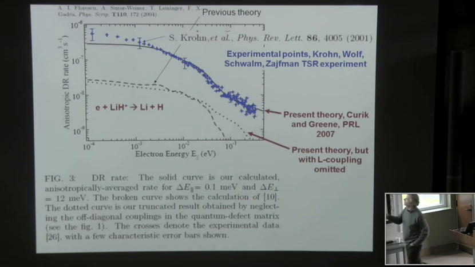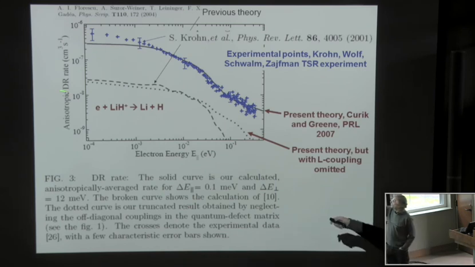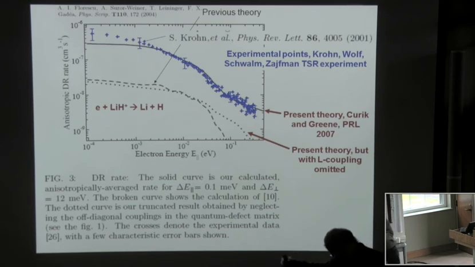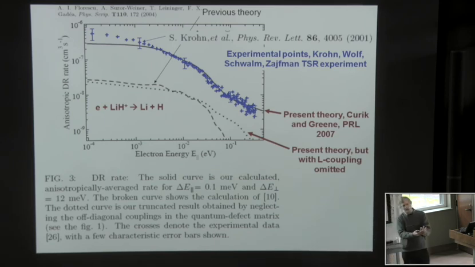It's a little simpler for a diatomic, of course, and it basically gave this kind of agreement with the experiments from the Heidelberg group that were published in 2001, and much better than the old theory. And it also indicated that if we took out the coupling of different partial waves, like the amplitudes for an S electron to hit lithium hydride plus and come out in say a P wave, if we left out those kind of couplings, we got something pretty close to what the old theory gave.